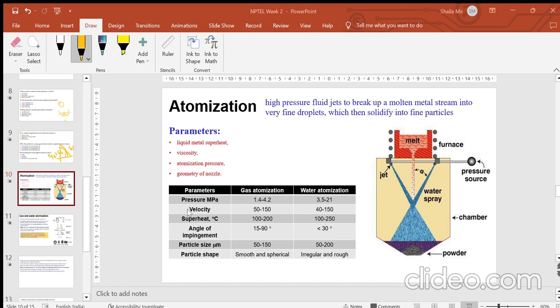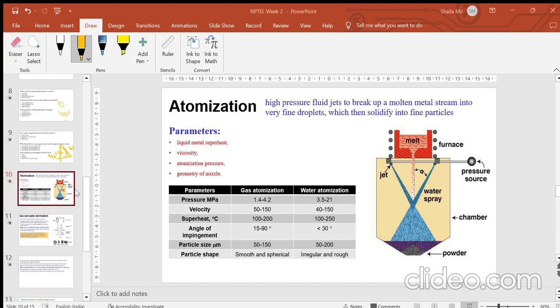So in general, the parameters that are operated for gas and water atomization are here. You can see that for water atomization, the pressure requirements are very high, right? It is about 21 megapascal, and the velocity of the particles of gas atomization and water atomization is near about the same, run between 50 to 150 meters per second.